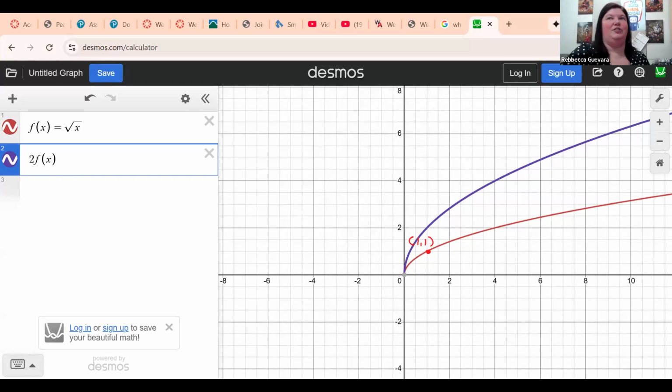This is a vertical stretch. And this is the same as saying this is just 2 times the square root of x. So we see that what happened here, we said y components get multiplied by the number out front, that C. The point (1, 1) is stretched, and now it's going to be at (1, 2).